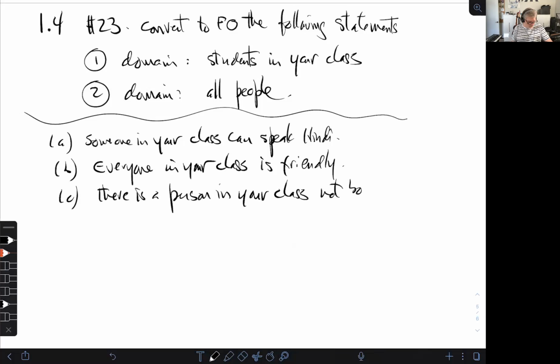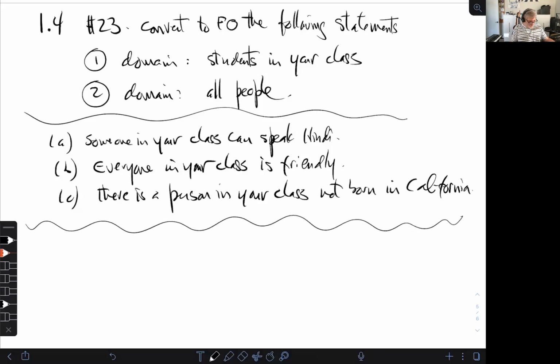Okay, so I want to convert these into first-order statements. First, when the domain is the students in our class, and then we'll do it when the domain is all people.